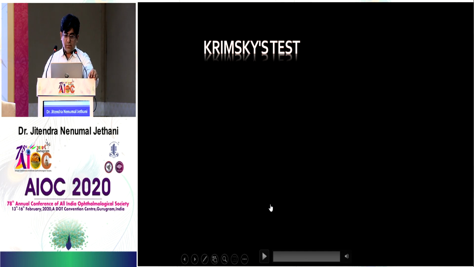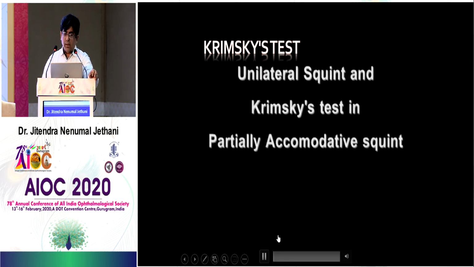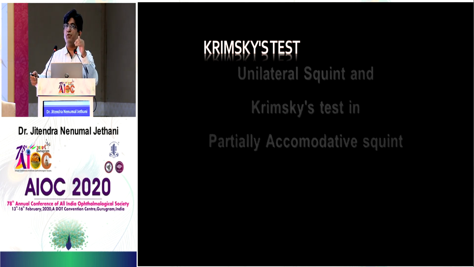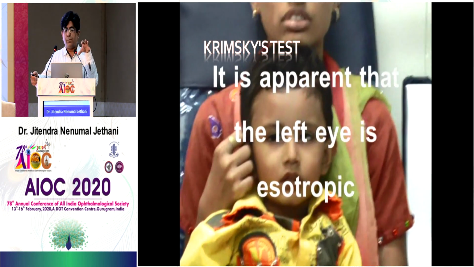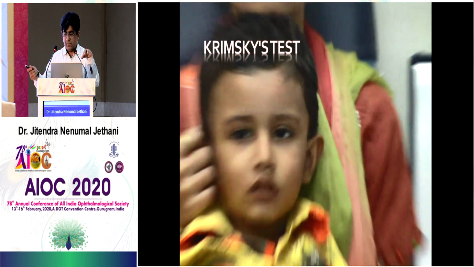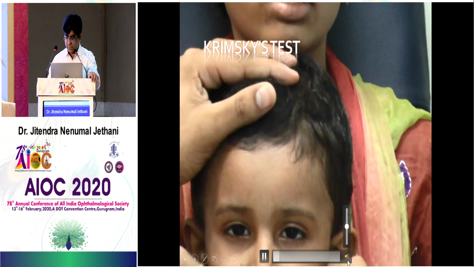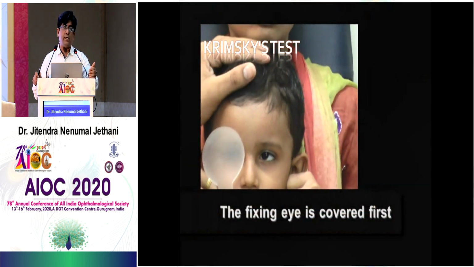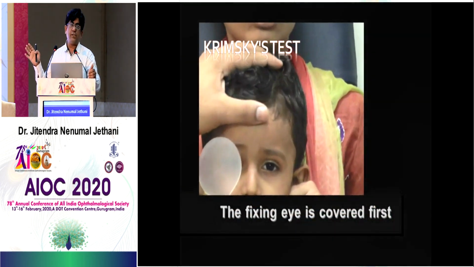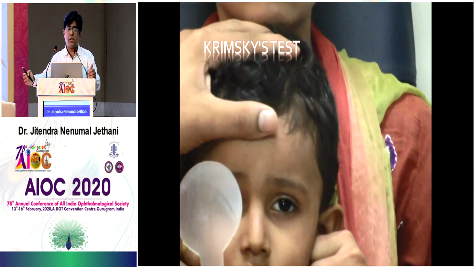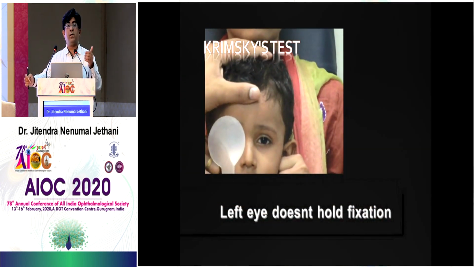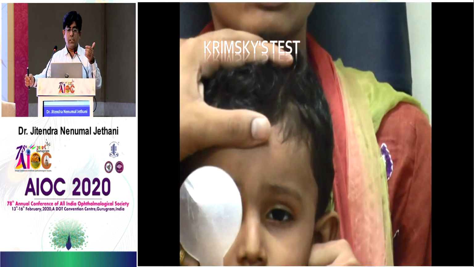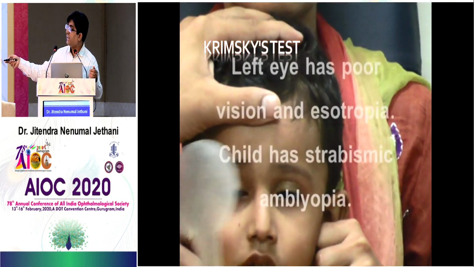So this is Krimsky's test. In some patients, when you want to measure an angle and the patient doesn't have good vision, for a prism cover test you need to have good vision in both the eyes. So when the patient's vision is not good, or he is not letting you do an alternate cover test, you can see the mother is holding his ears.